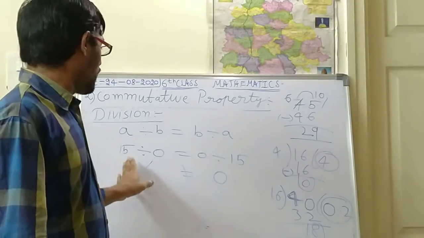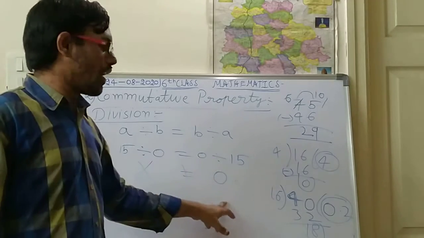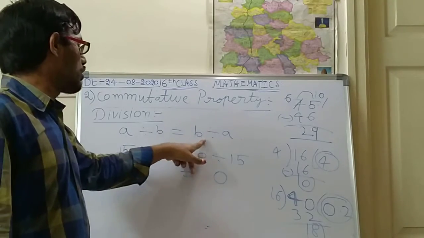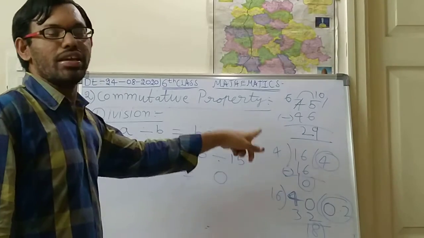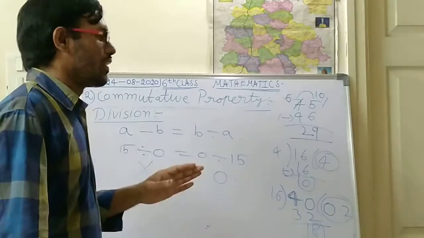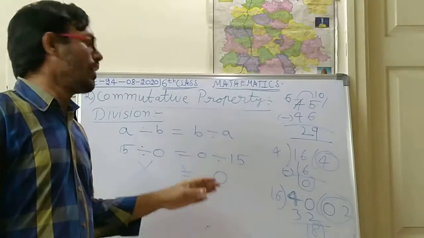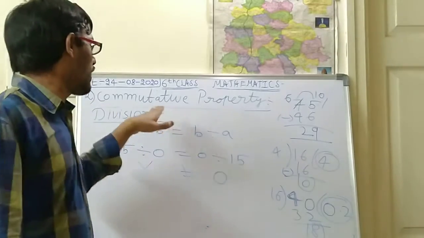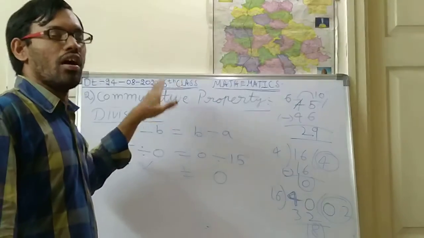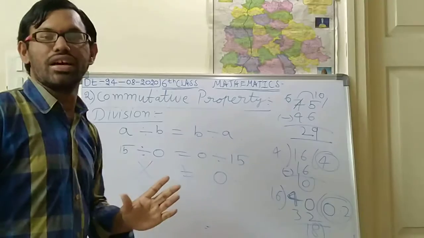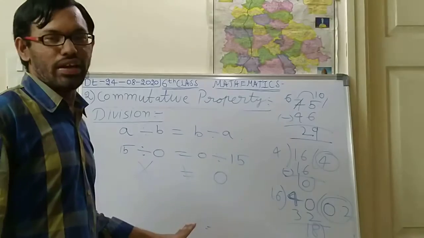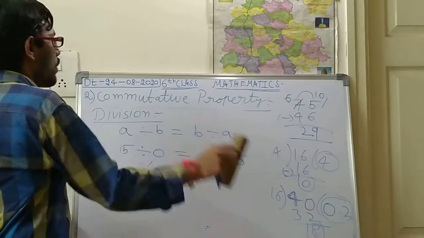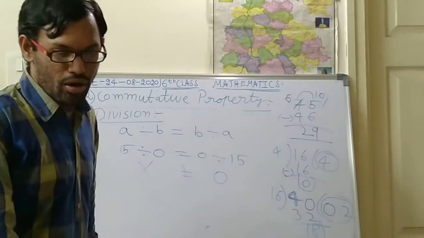Okay children, if A and B are any two whole numbers, then A divided by B is not equal to B divided by A, not a whole number, and you should write as a result that this does not satisfy the commutative property of whole numbers under division. Like this you have to write. Now I think you have understood. So this is about the commutative property.